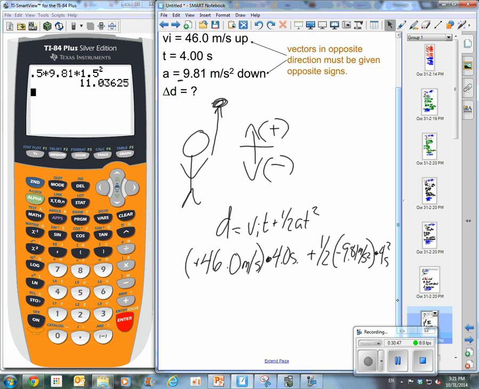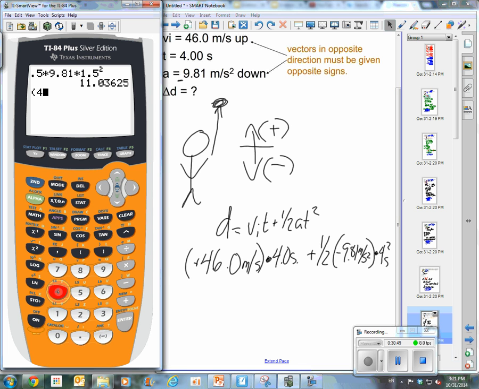So here we go, bracket, 46 times 4, bracket plus, we've got a half, so 0.5 times negative 9.81 times 4 squared.